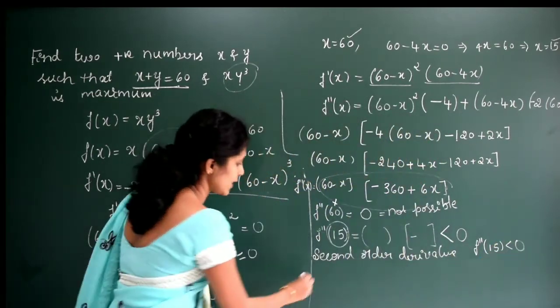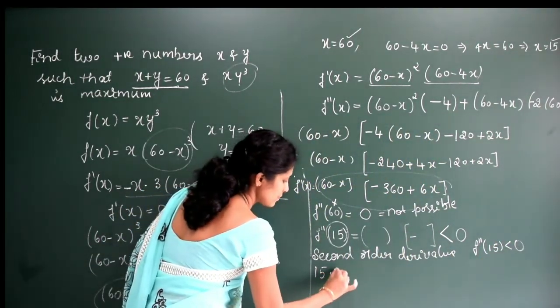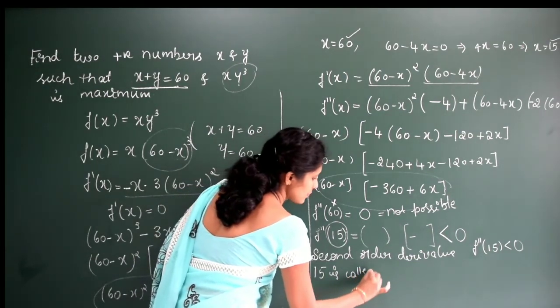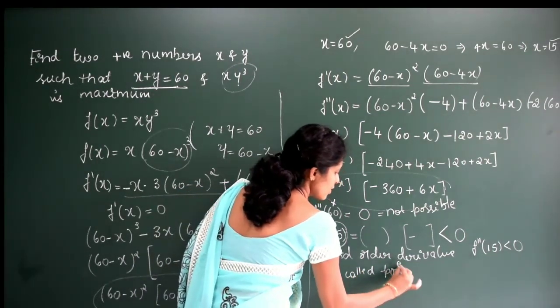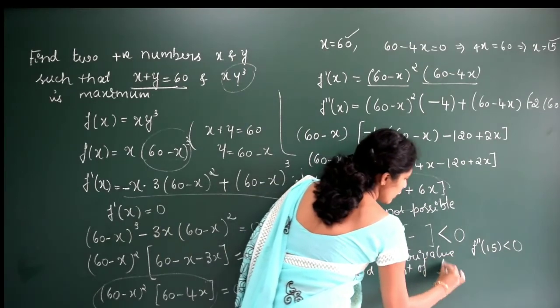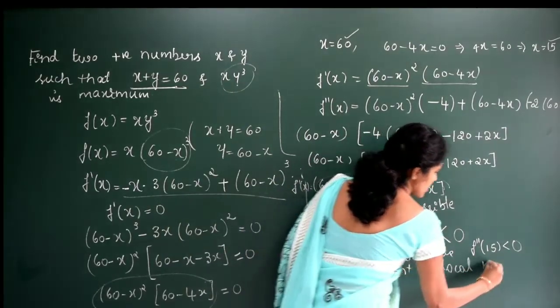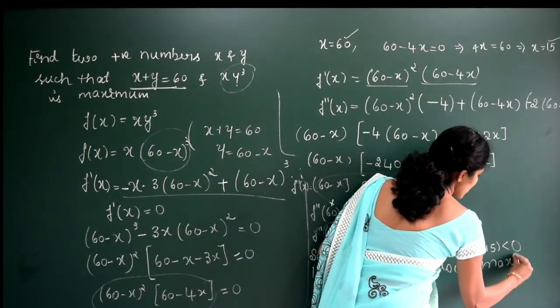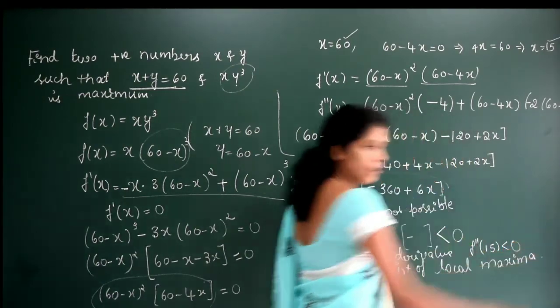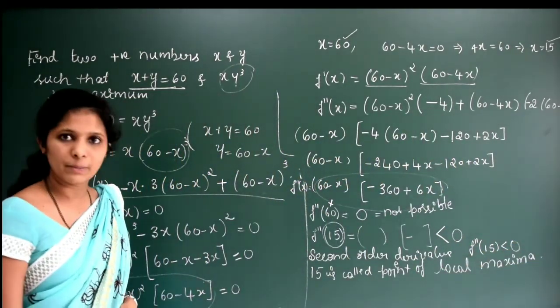So the value 15 is called the point of local maximum. Here they have not asked for the maximum value, so this is enough. 15 is called the point of local maximum.